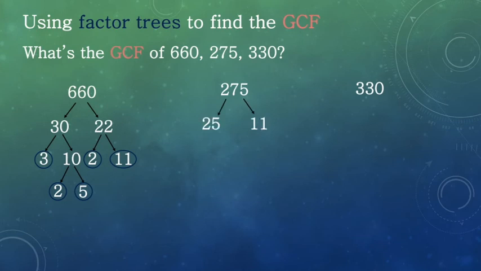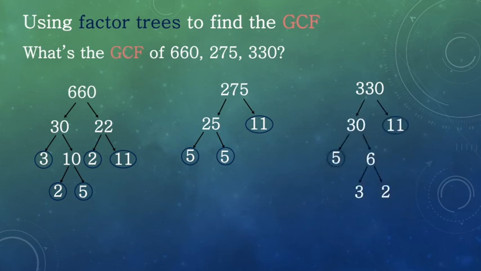Working with the 275. 11 is a prime number, of course, so we are only working with 25 here, and that one is pretty quick. 330, same thing, relatively painless, and we're left with these three trees. And we're going to use the same method as before, simply crossing off what is common to them and then writing them down for our calculation for the GCF.